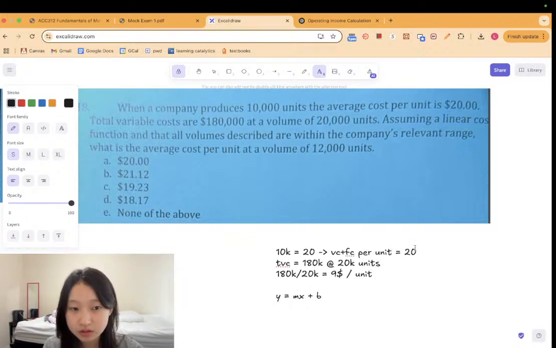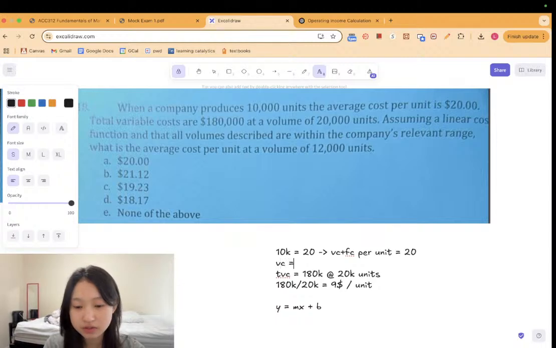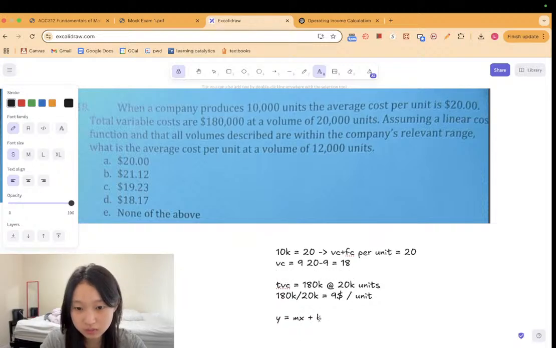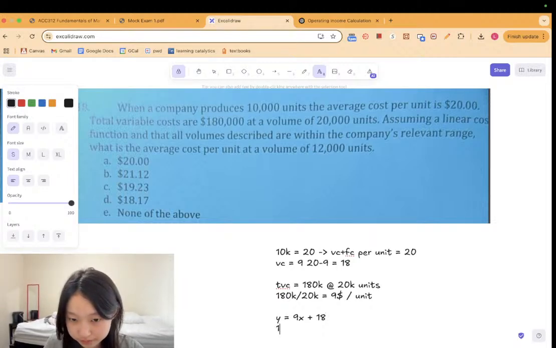And if our variable cost is equal to 9, then 20 minus 9 is equal to 18, making our fixed cost 18. Oh, well, actually our fixed cost would not be 18, it would be 18,000.